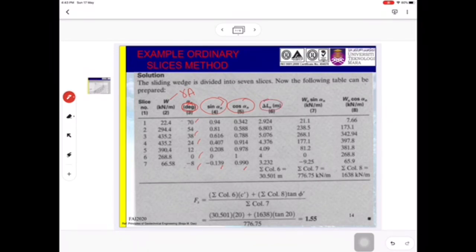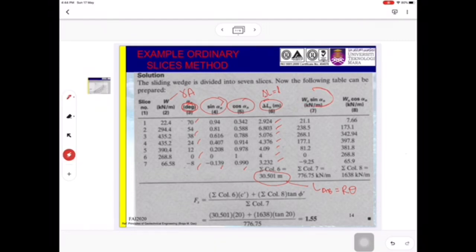This book, Braja M. Das, uses delta L, which is actually equal to L, for each of the seven slices. The total L can be considered as LAB, or R theta.